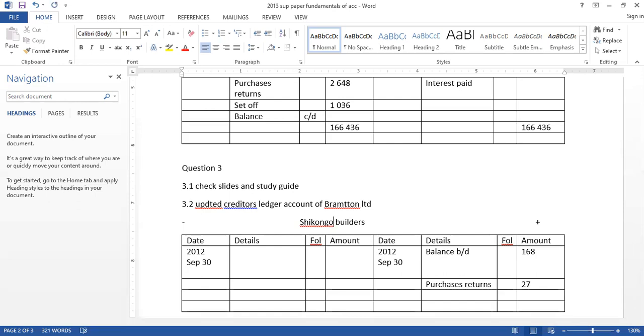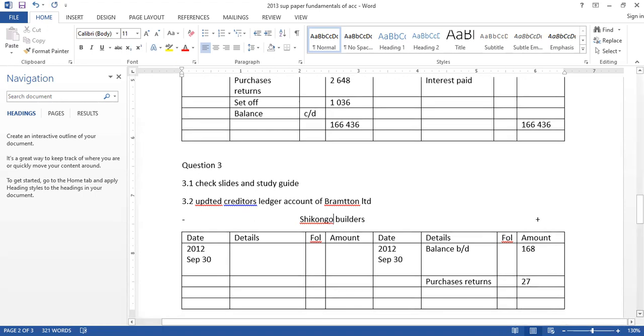So after that, we'll need to balance off our ledger account and then get our new balance brought down or balance carried down.